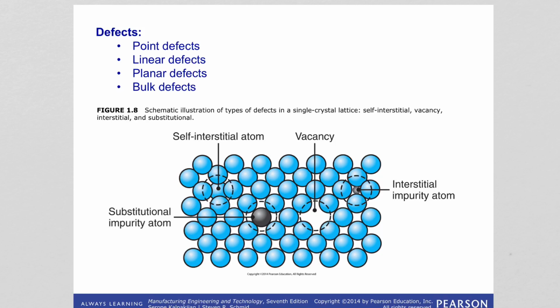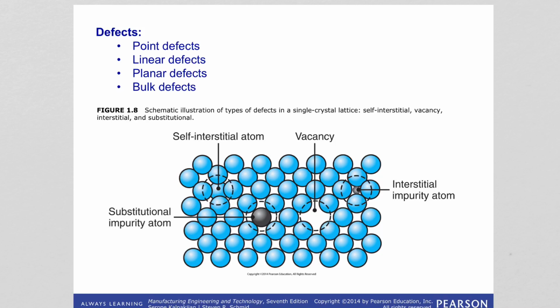In terms of manufacturing, they are usually the cause of manufacturing defects, and they help us determine the manufacturing parameters, because linear defects such as dislocations are the main reason we can deform metals plastically and permanently. And of course, how easily these dislocations move will determine the stresses that need to be applied during the manufacturing and shaping of the part. And those are directly related to the cost of the manufacturing processes.